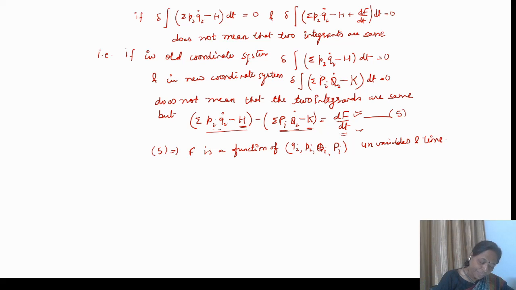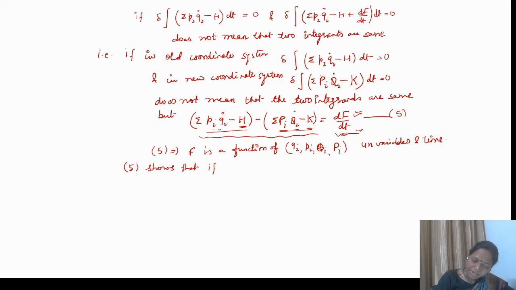Secondly, 5 shows that if this left hand side is a perfect differential, an exact differential, or if there exists some F such that this condition is satisfied, then our transformation is canonical, because our equations of motion in Hamilton's form will be preserved.